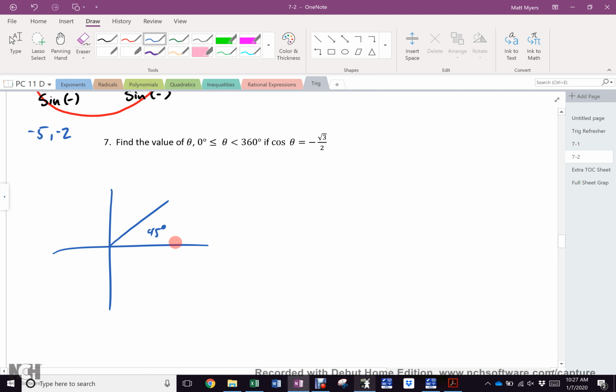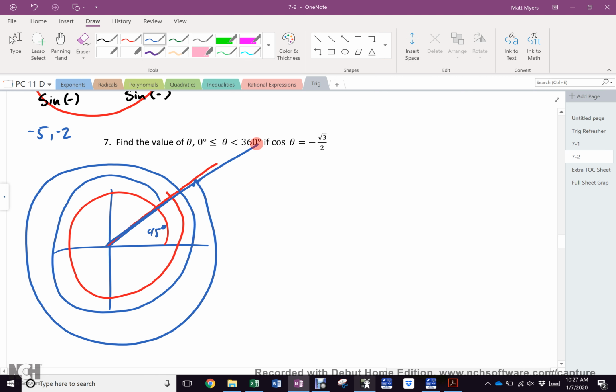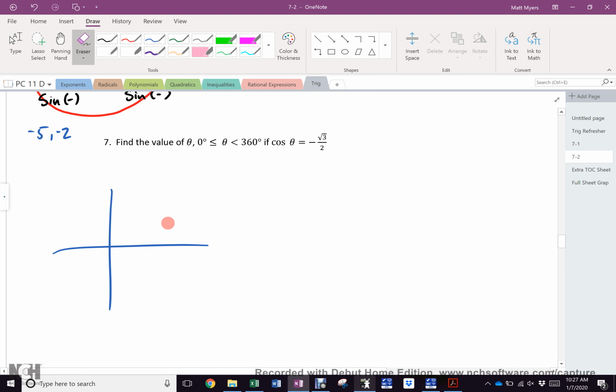What then is that? 405. What then is this? 765. Everybody picking up what I'm putting down? Because the circles can go forever, can't they? We just add 360 each time. We're at the same angle, aren't we? So that's why I'm specifying we can stop at 360.